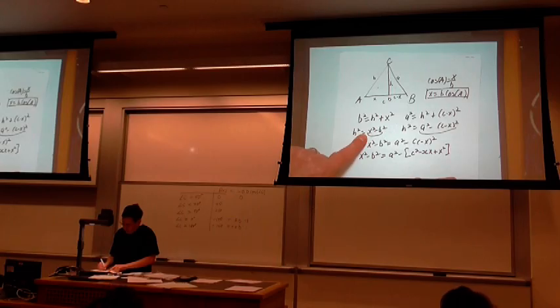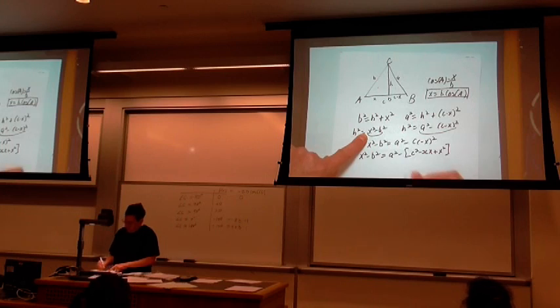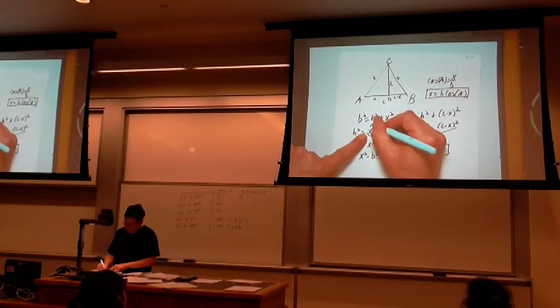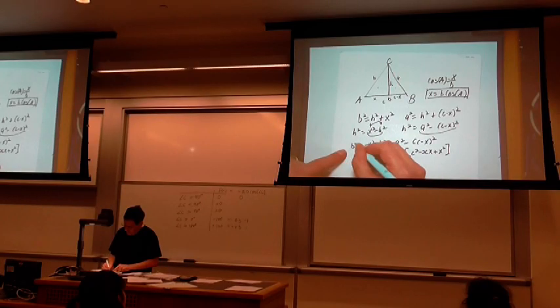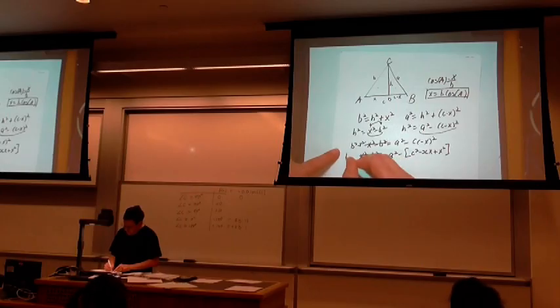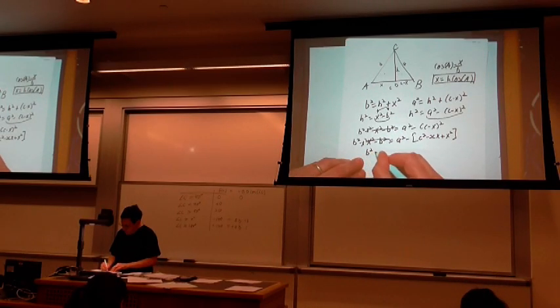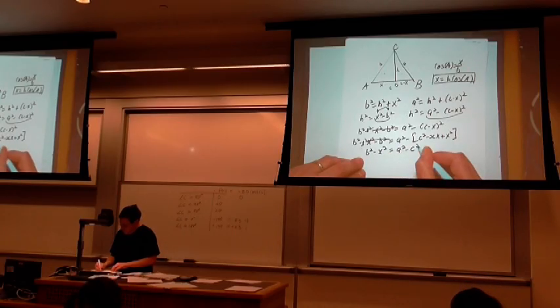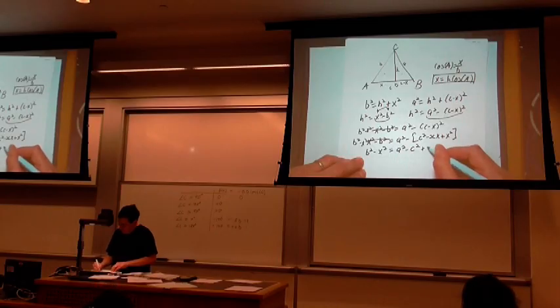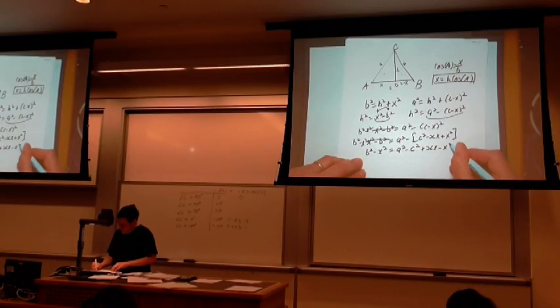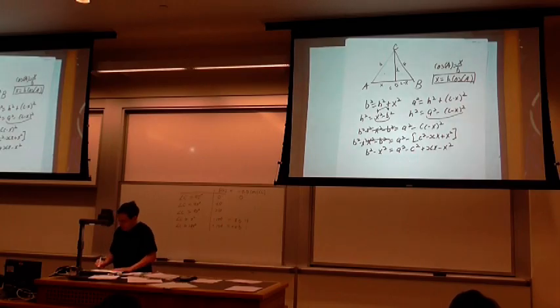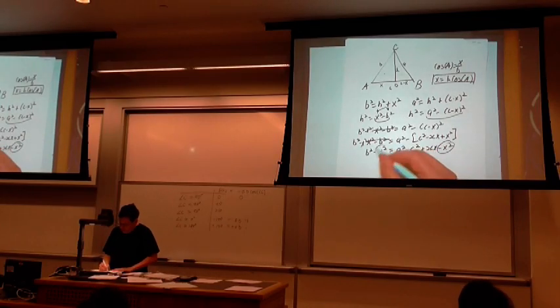Oh, I have this reversed. This should be b squared minus x squared. Okay, so let me write that all out a little cleaner. B squared minus x squared equals a squared minus c squared plus 2cx minus x squared. Well, that's nice because the x squareds are going to drop out.